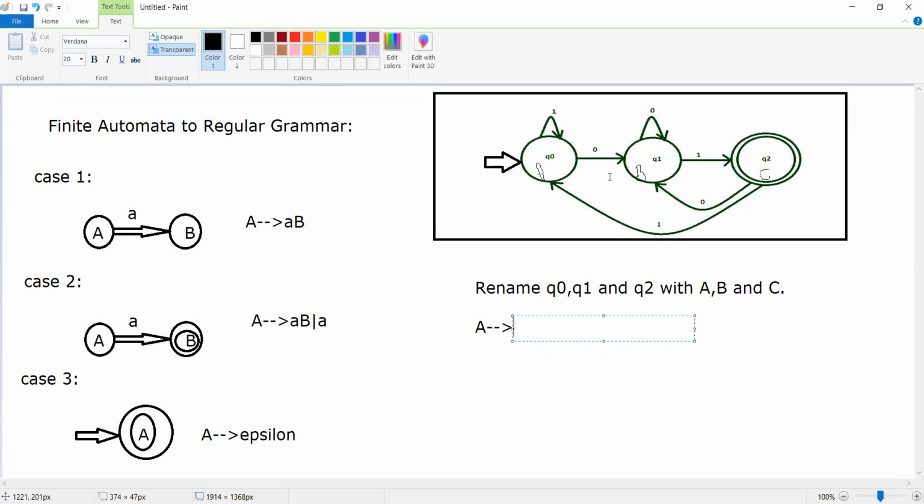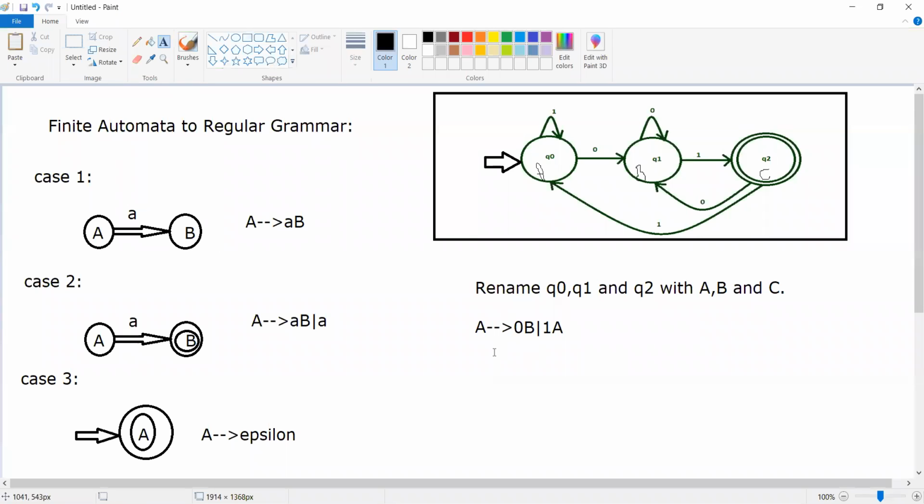From Q naught on 0 it goes to Q1, in the sense A on 0 goes to B. Then on 1, Q naught goes to Q naught itself, which we have renamed as A, so it will be 1A. We don't have any other transitions for Q naught.